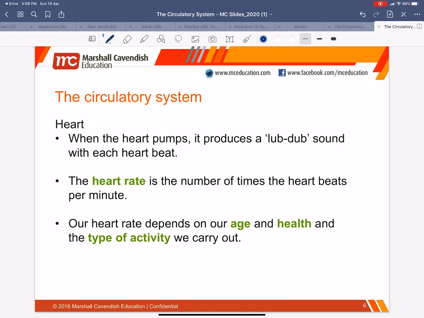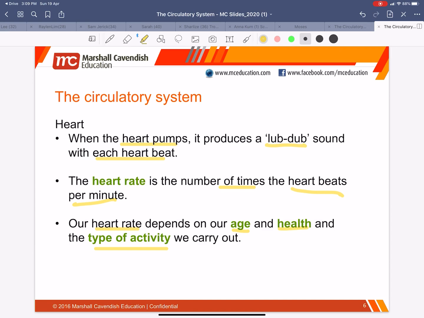So when the heart pumps, it produces a loud dub sound within each heart. Now, heart rate is the number of times the heart beats per minute. Our heartbeat rate really varies. It depends on our age, health, and the type of activity we are carrying out.